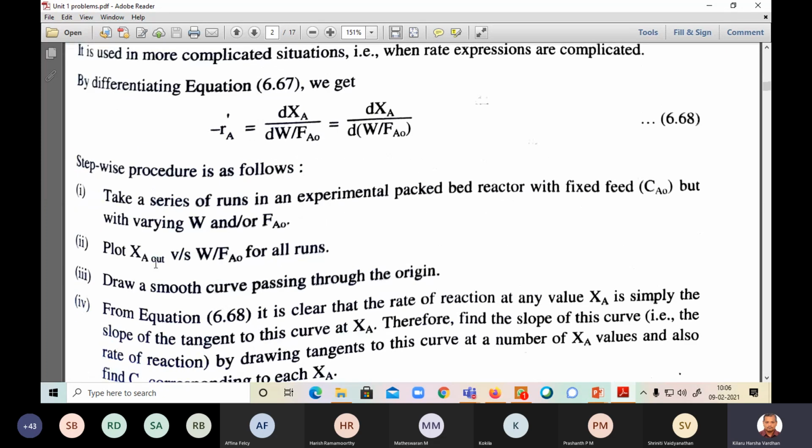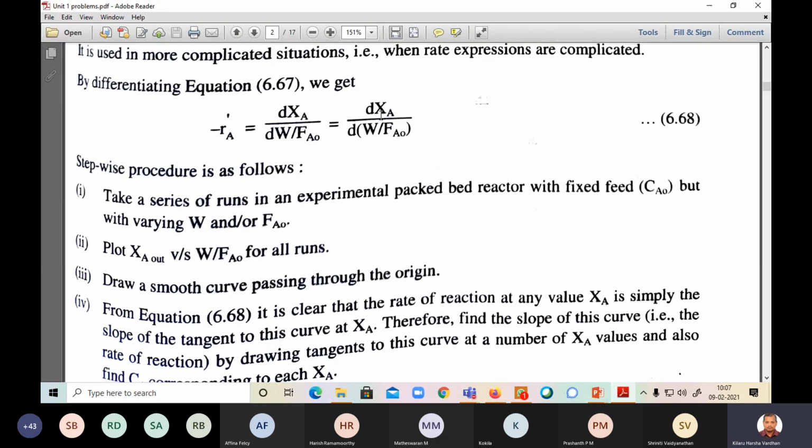So plot XA versus W by Fa naught, because XA is on the y-axis, W by Fa naught is on the x-axis. So all the runs you calculate. Then dXA by d(W by Fa naught) is nothing but y by x, right? Y by x is nothing but the slope.